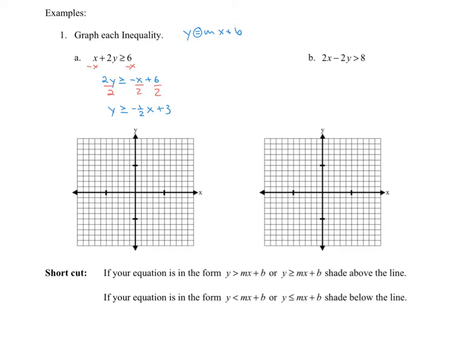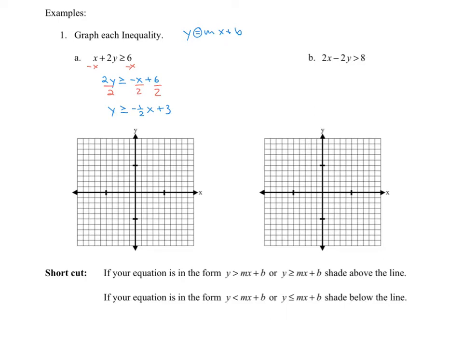In this case, we don't need to because I divided both sides by a positive number, so I did not flip my inequality. So I divided both sides by 2 to get y by itself, and I got y is greater than or equal to negative 1/2 x plus 3.